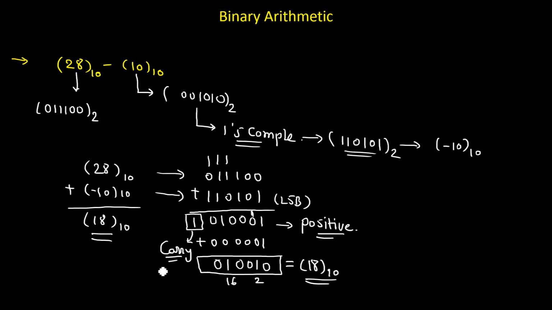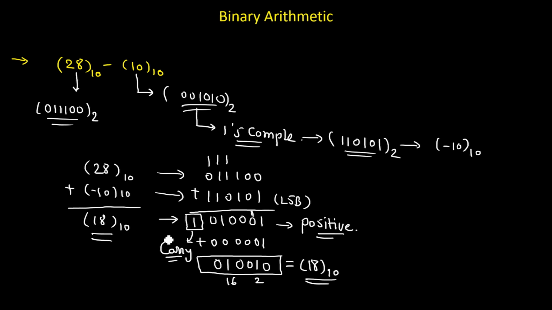This way we can subtract any binary number with the help of first complement. Let's revise the method of subtraction of binary numbers. First we convert into binary formats, then we find the first complement of the second number, and add both the numbers, the first number and the first complement of the second number, to find the result.